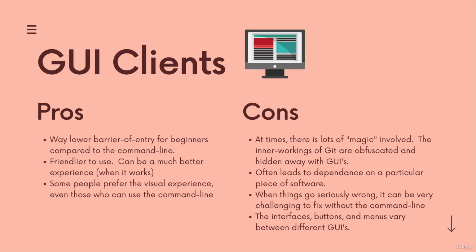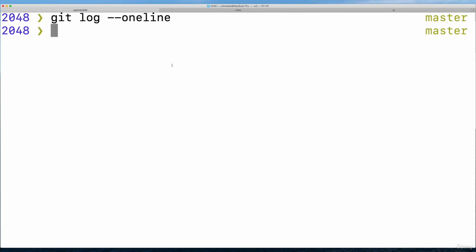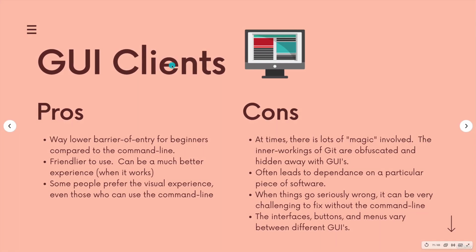So I'll quickly run through the pros and cons. With graphical user interfaces, there's a much lower barrier of entry. That's always great. They're friendlier to use, and can be a much more positive experience. And some users who are experienced with the command line may still prefer the visual experience of a GUI.